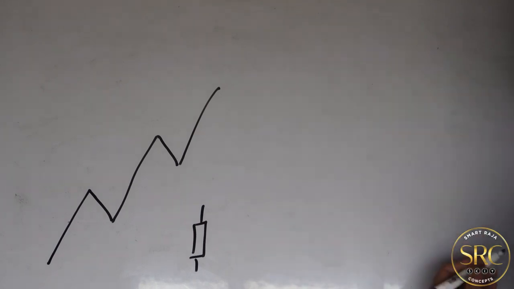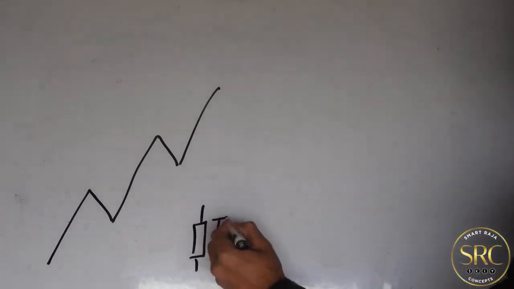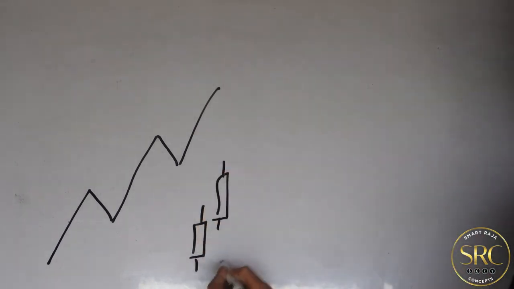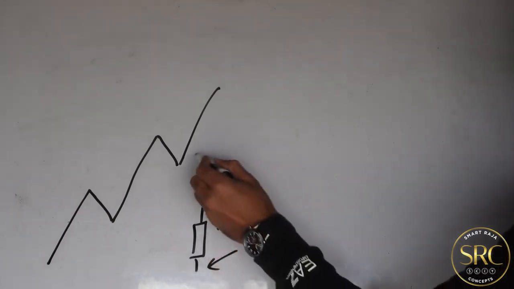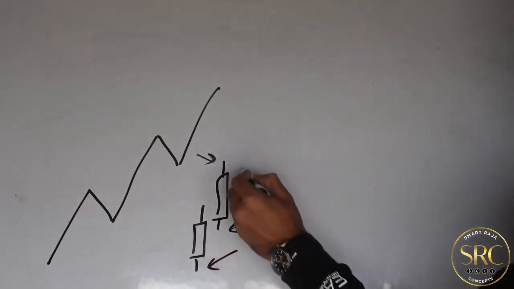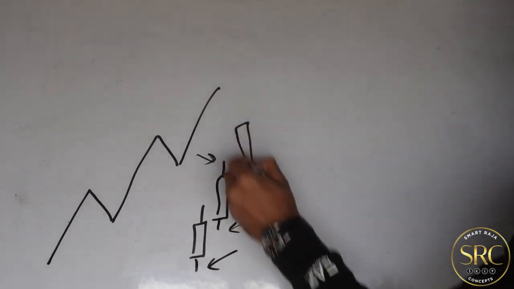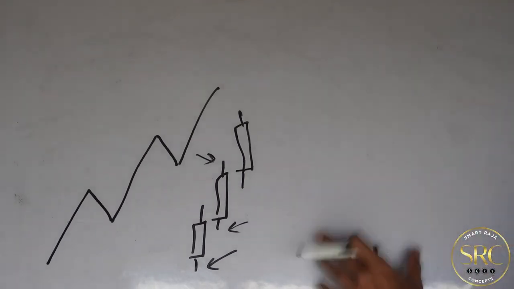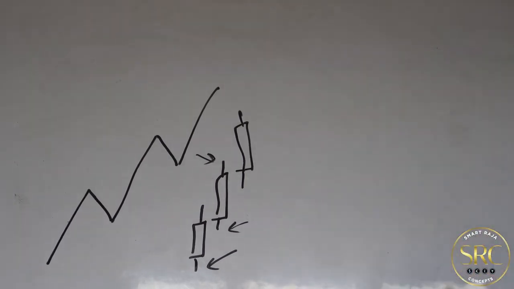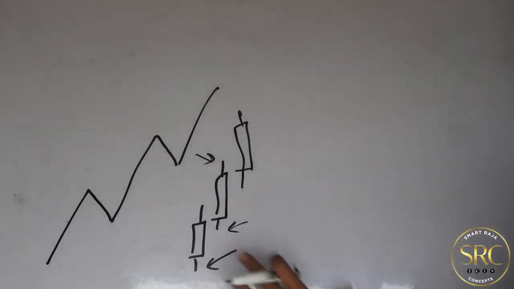Now you want the next candle to move up. The next candle should respect the low of the previous candle right over here. So now we have a higher low and we have a higher high. Now the next candle has to respect the low of the previous candle and continue to push up. So this is the basic idea of price moving up, making higher lows and higher highs based only on candles.